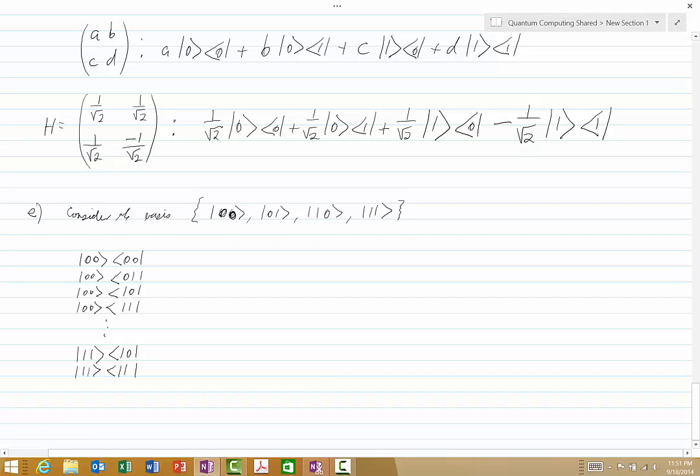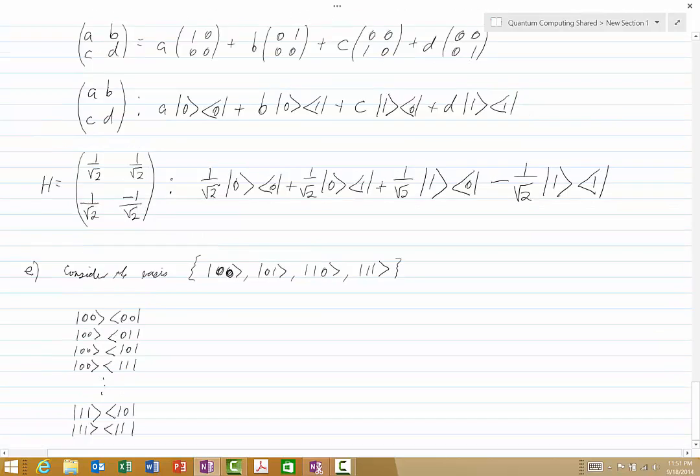So if we found the matrix corresponding to each one of these operators, we would find that each of those 16 matrices would be a 4 by 4 matrix that would be 0 in all of its entries except for 1, and it would have a 1 in that one entry.